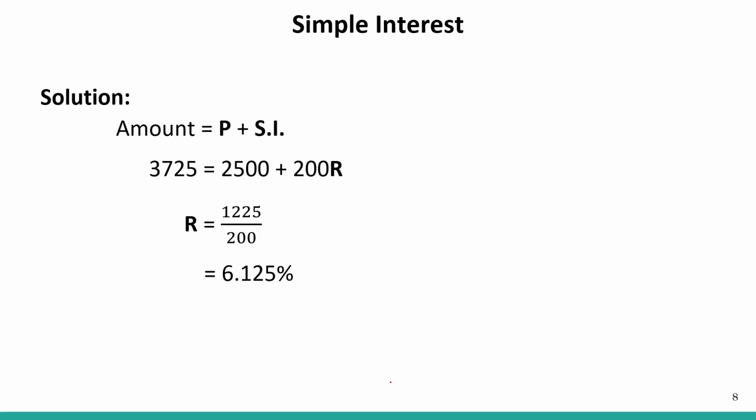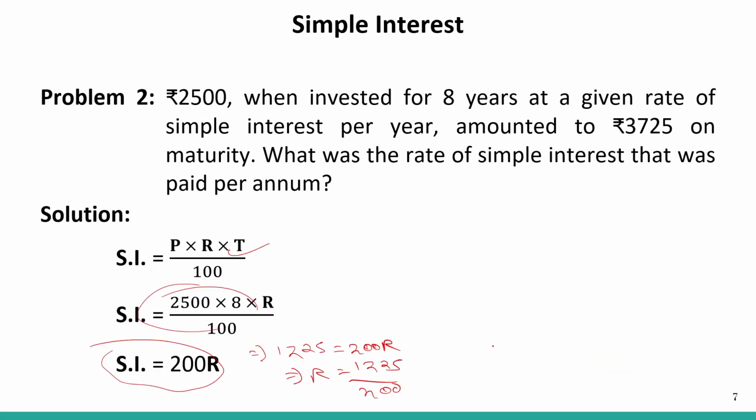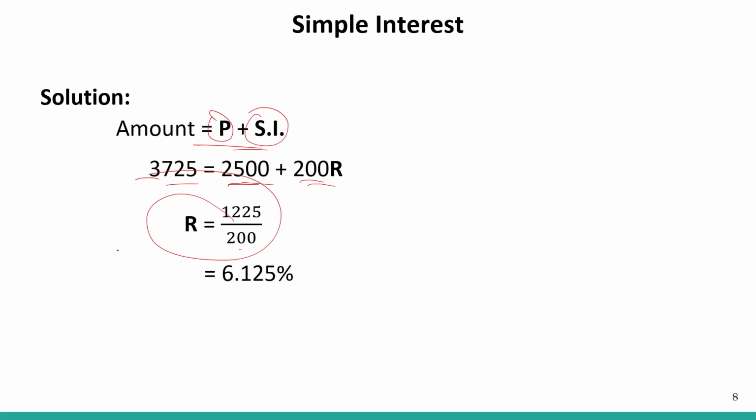Amount is equal to P plus SI, that is 3725 is equal to 2500 plus 200 R. So it will be 1225 by this much, which is 8 into 25, and 8 into 25 is nothing but 200. So this is where we have come together. Both the methods are the same, so the correct and final answer is 6.125.